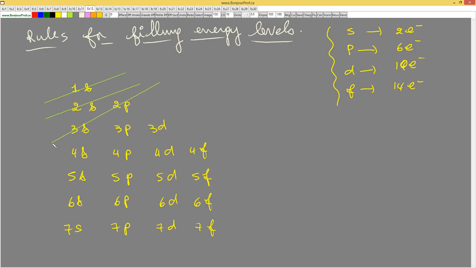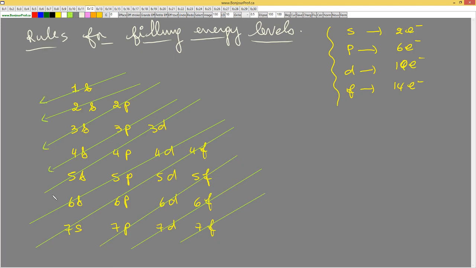This one like that, and so on, each one diagonally. And I have these arrows here and these arrows here. These are the arrows. They will show me how to start.